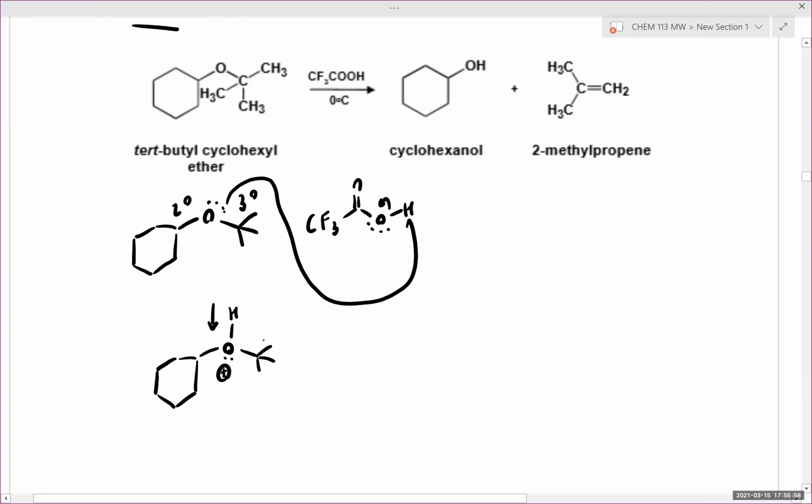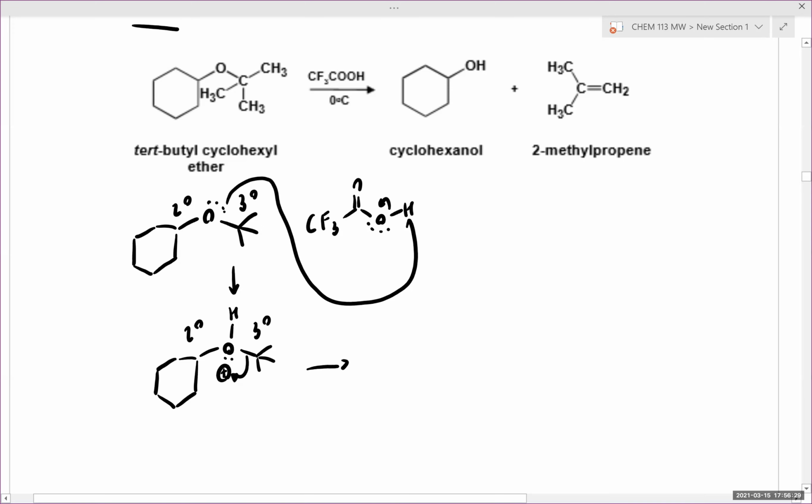Now from there we have a few choices, but the first step in either the SN1 or E1 mechanism is the loss of our leaving group. Now if we had to pick to form a secondary or tertiary carbocation, which carbocation would we form? Which carbocation is more stable? Tertiary. Yep, exactly right.